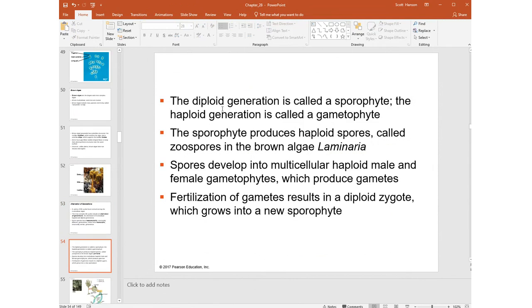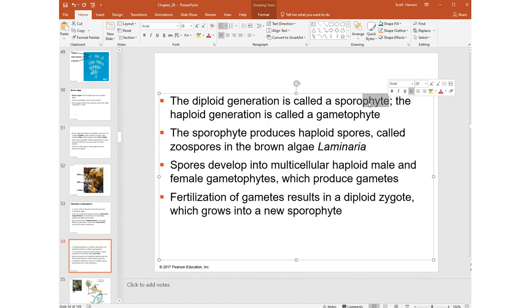In all of these life cycles that have alternation of generations, the diploid generation is called the sporophyte because it produces spores. And phyte actually means plant, so these are plant-like, like phytoplankton, plankton that are plant-like.